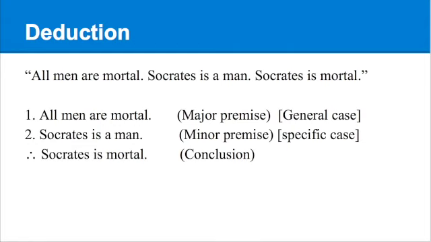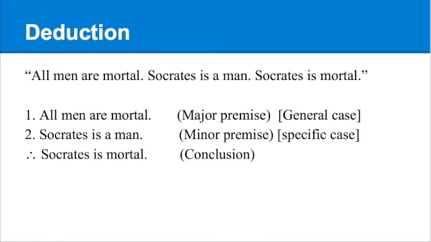The second statement is Socrates is a man. So this is a minor premise, and it's a specific case. We now are just talking about one individual, and we've put that individual in the class of things that are people or men. So now that we know that all men are mortal and Socrates belongs to that category of things, men, we can conclude that Socrates is mortal.